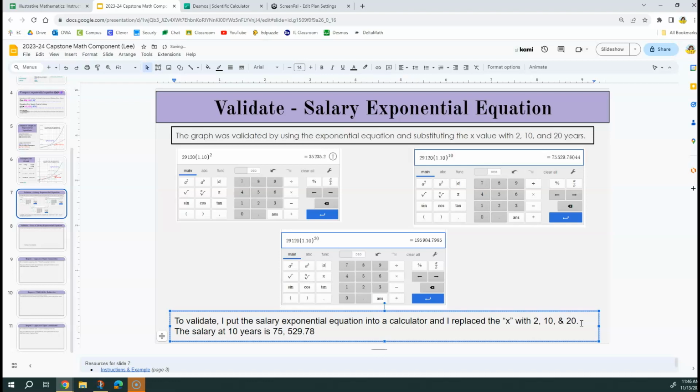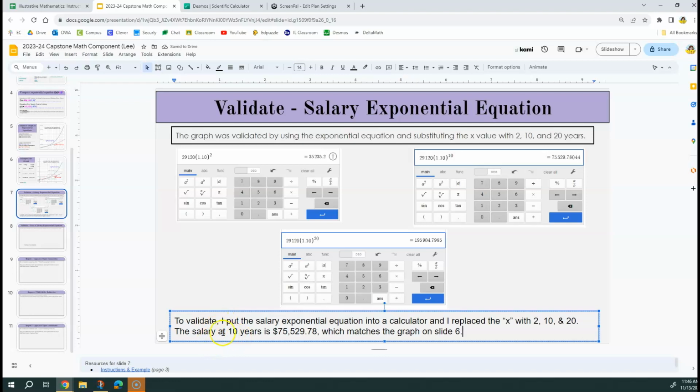I'm just doing rounding. Okay, and I should put a dollar sign in front of my dollars. Okay. And which matches the graph on slide 6.